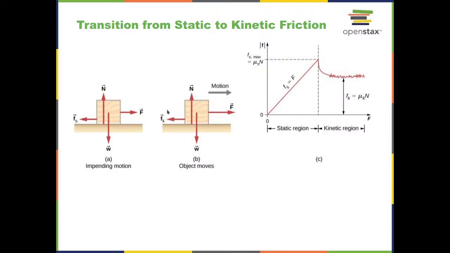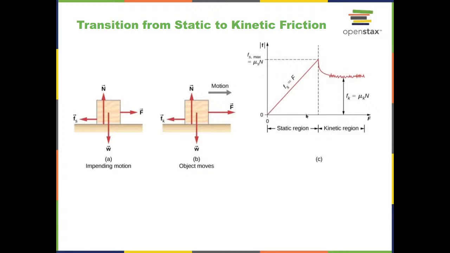Once we have motion, the force of kinetic friction will be potentially smaller than the externally applied force, and this force of kinetic friction will be slowing down our object. So if we look at the force of friction versus the externally applied force, if we apply a 0 force, then of course friction is going to be 0.